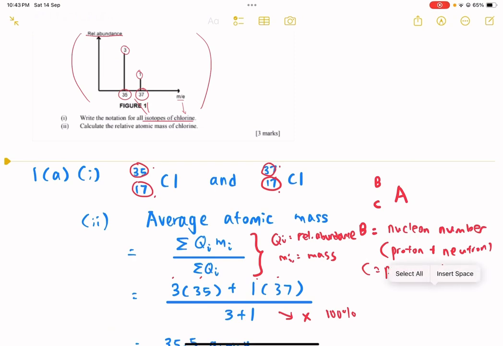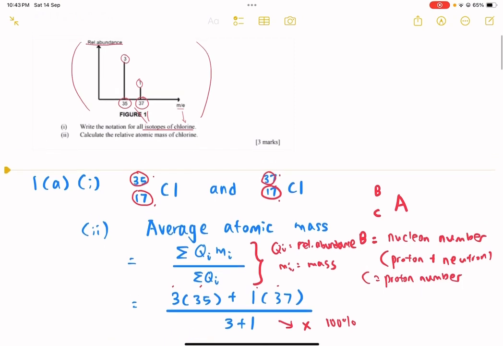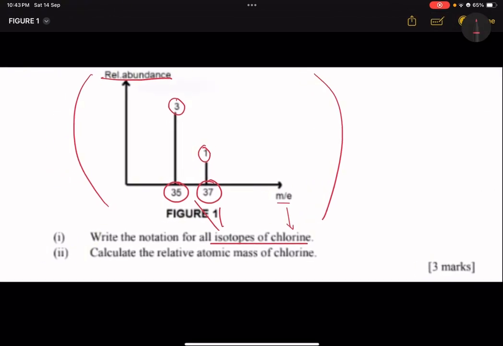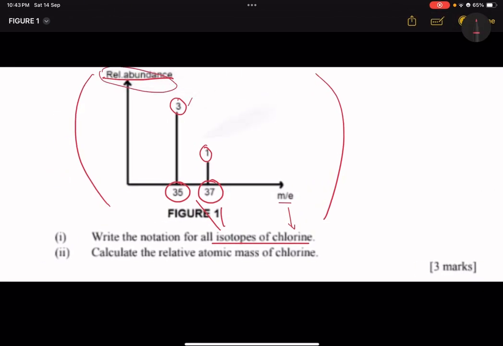We have to base it on the question, and for this question we can see the relative abundance is 3 and 1 only, not like 91%, 8.3, 0.7, not like this.